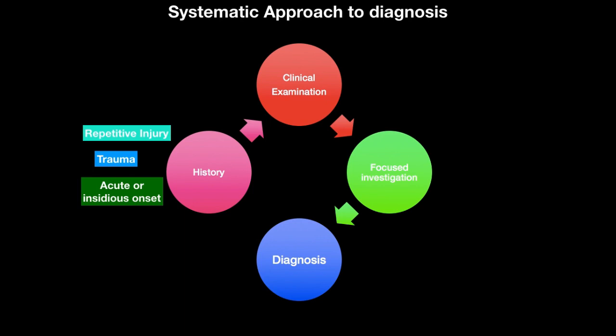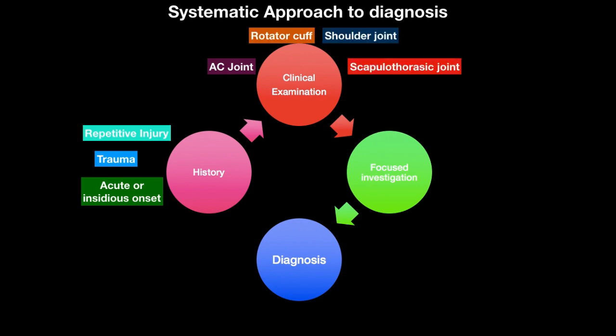After taking a detailed history, a meticulous examination should start from the AC joint, followed by rotator cuff, shoulder joint proper, and the scapulo-thoracic joint.